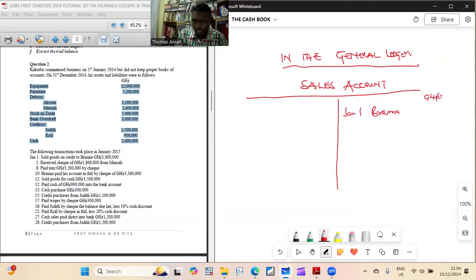There's nothing wrong with that. But we are learning. We need to take it piece by piece. So you see one transaction. The journal is just one entry, but in the ledger there is debit and credit. So when you are doing anything in a ledger, to every debit there is a corresponding credit. So here we have Brima is 3,600. Have you seen that? That is it.